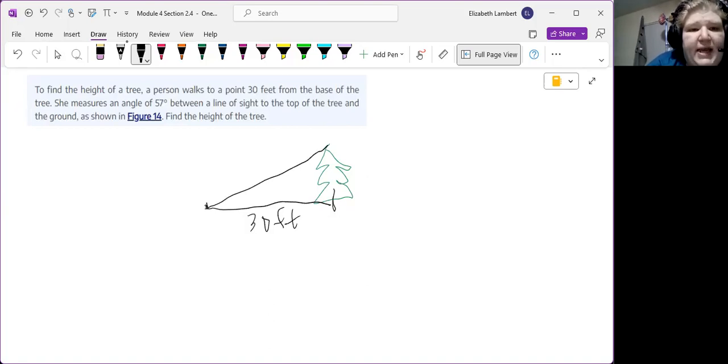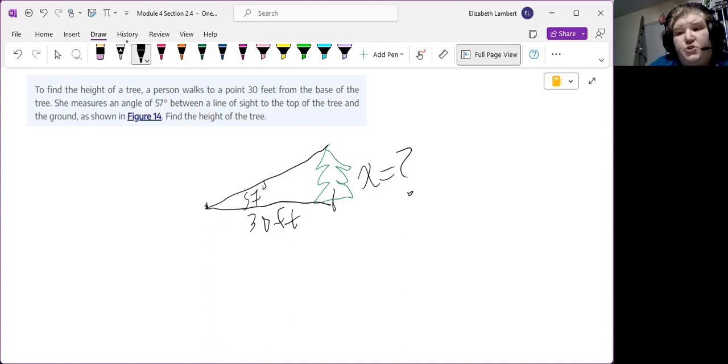She measures an angle of 57 degrees between the line of sight to the top of the tree and parallel to the ground. So, what is the height of the tree? We can just call it x.